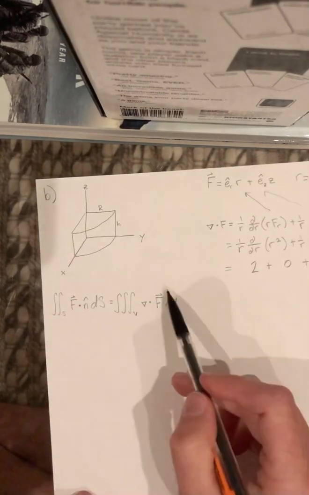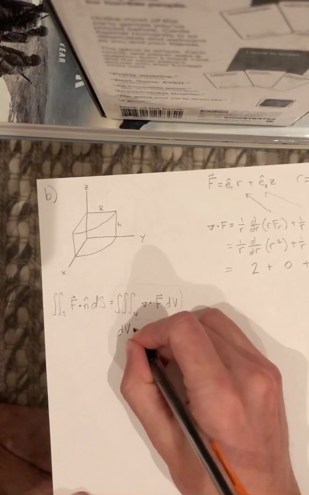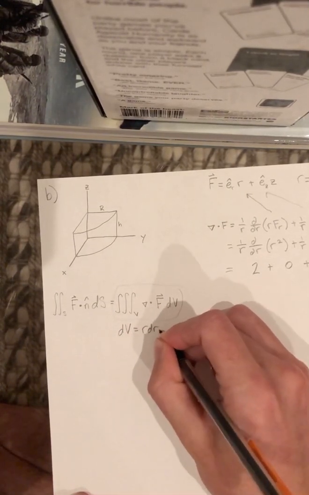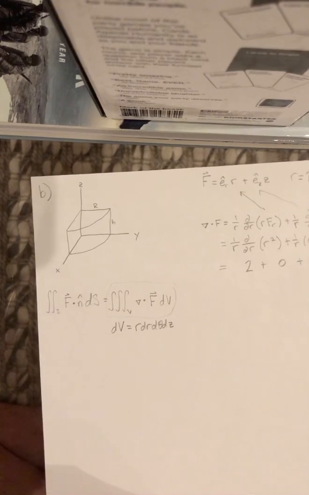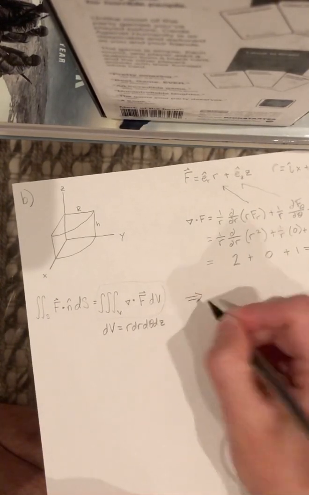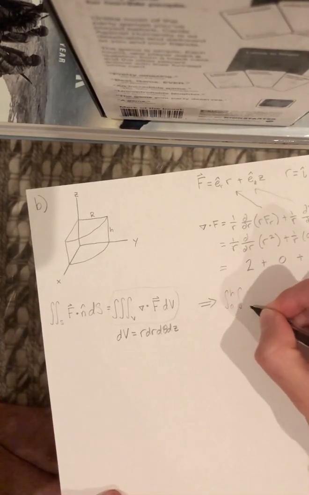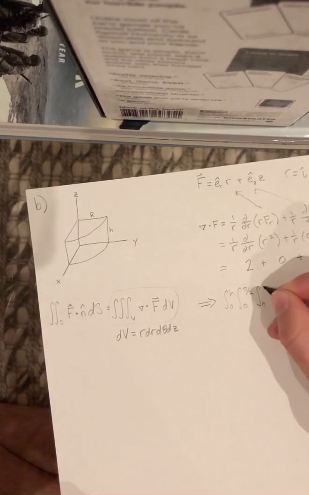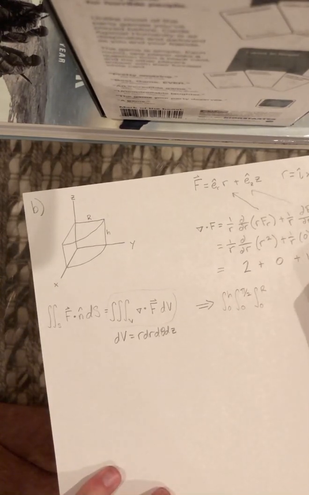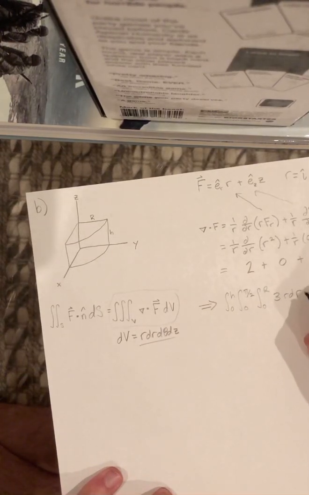Okay, so we might as well start with the volume again. But we have to be careful this time because dV happens to be r dr d theta dz. So now we can translate this into an integral from 0 to h, 0 to pi over 2, and 0 to r of 3 dV, which is going to be r dr d theta dz.